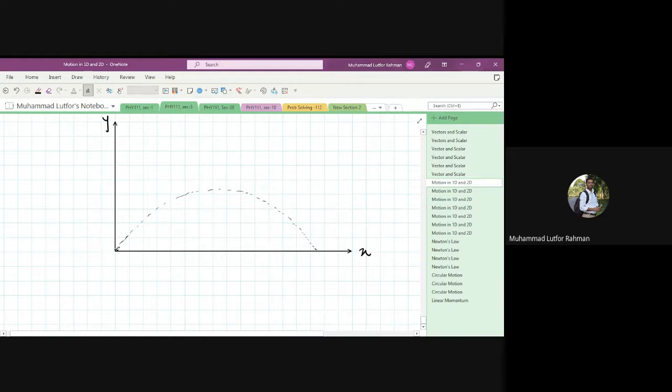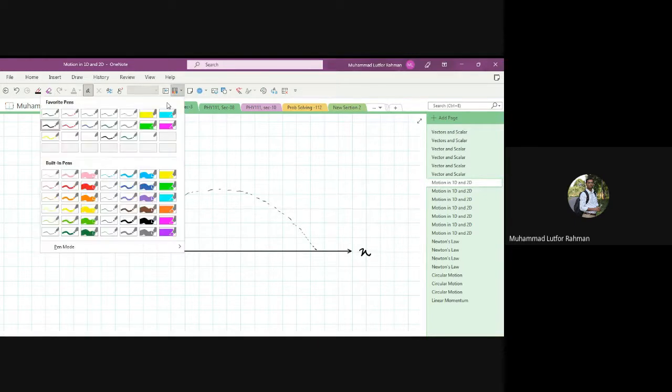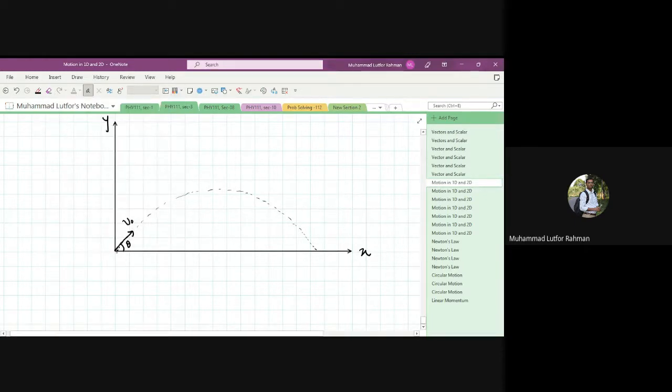Say, this is my initial velocity, I threw it with the initial velocity v naught. This creates an angle theta over here, right? And I also split that vector into components, which is v naught x, and this is v naught y.